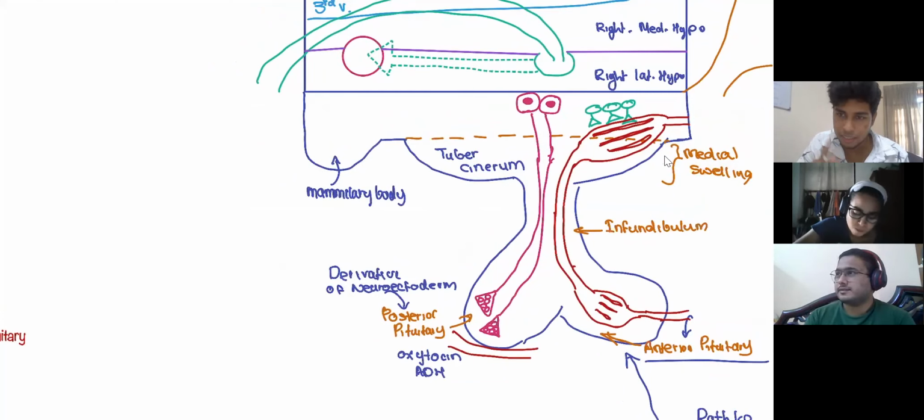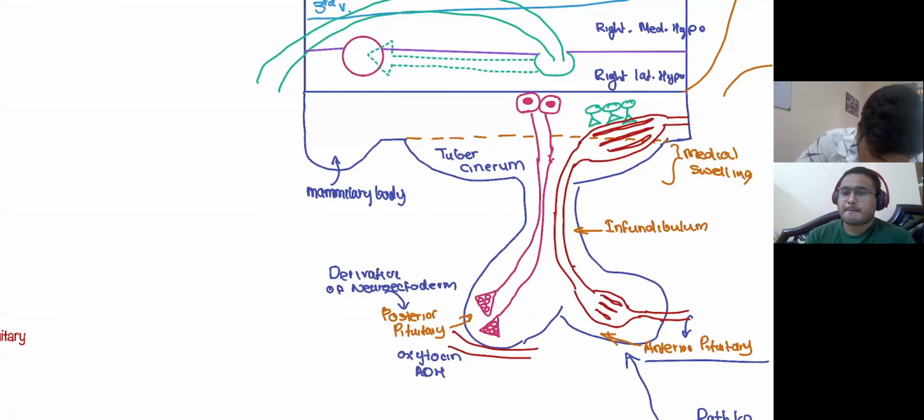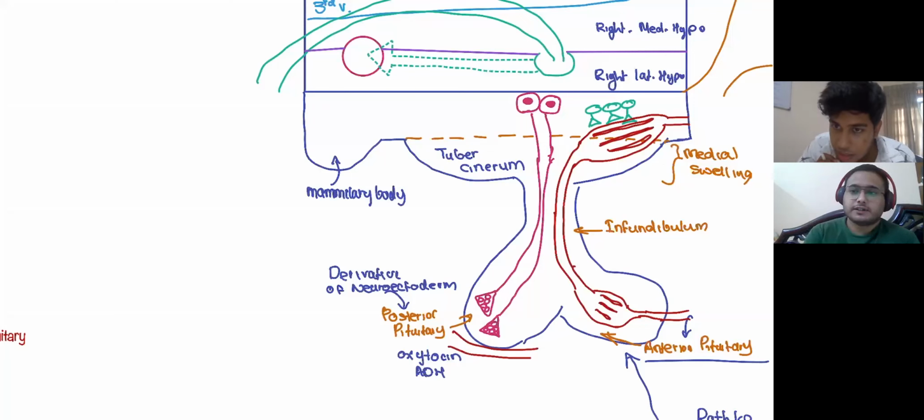Let me give you a hint. The liver also has a similar supply like this. This is called a portal system. Okay. Peritubular network. Yeah, it's the peritubular capillary network.